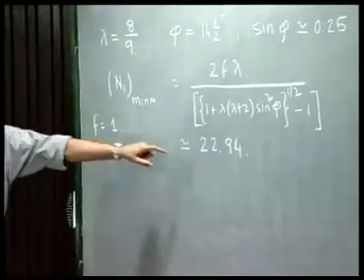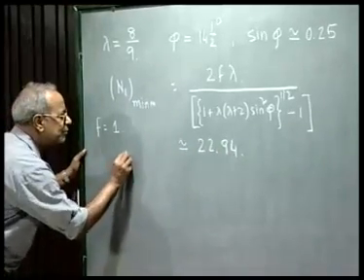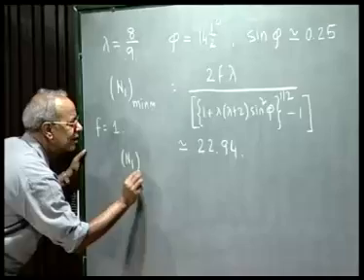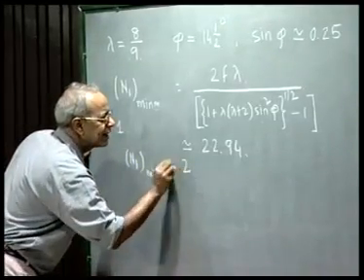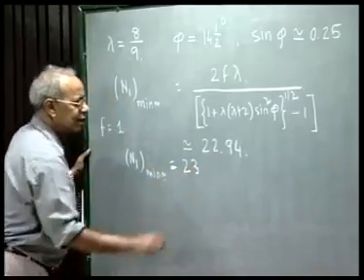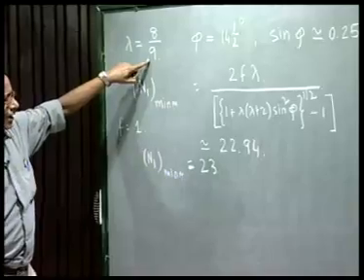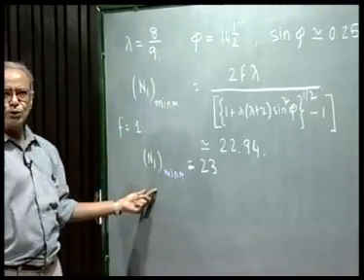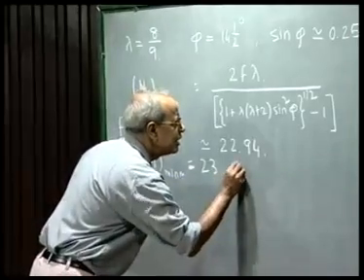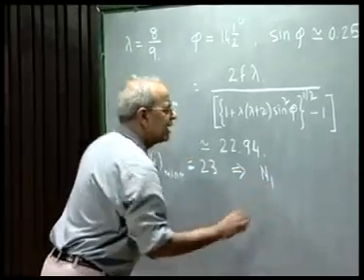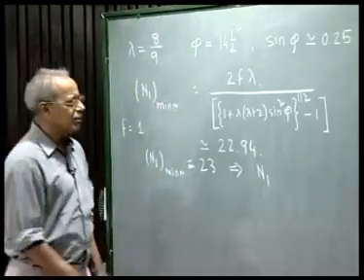But number of teeth cannot be 22.94, it has to be an integer. So N1 minimum looks like it should be 23. But if N1 is 23 and to transmit an 8 by 9 angular velocity ratio, N2 will turn out to be non-integer, which means N1 has to be a multiple of 8 such that N2 can be a multiple of 9 and they will be both integers.